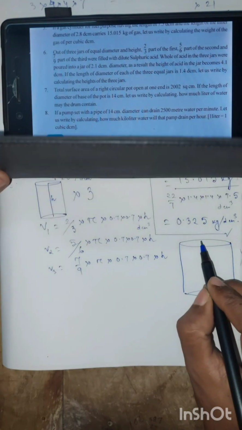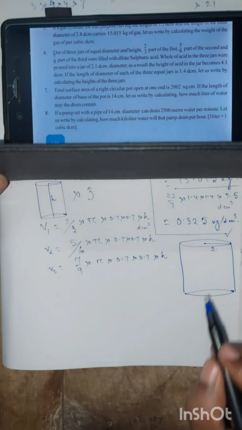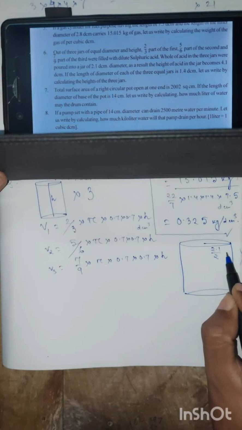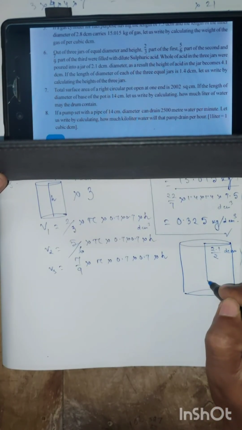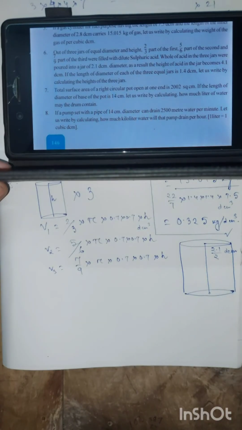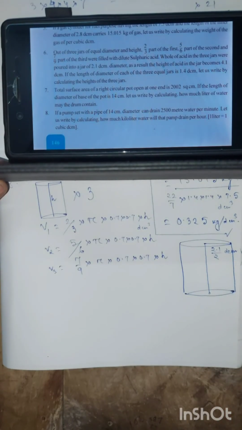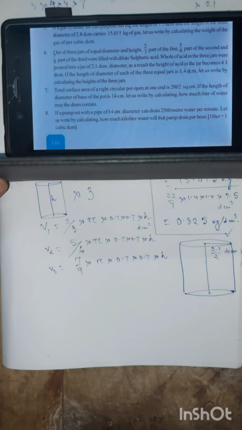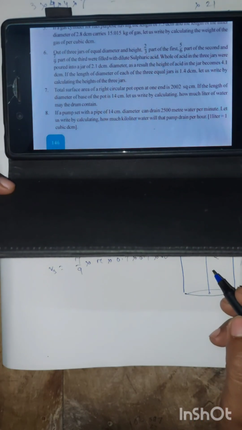So the radius should be equal to 2.1 by 2 dcm, and the height after transferring the acid becomes 4.1 decimeter.